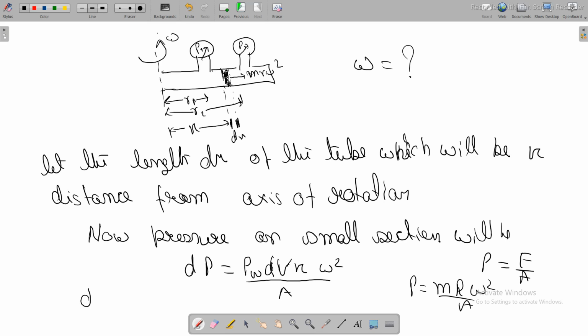Now dp is equal to rho w times area A times length dx into x omega square by A. Therefore A gets cancelled.